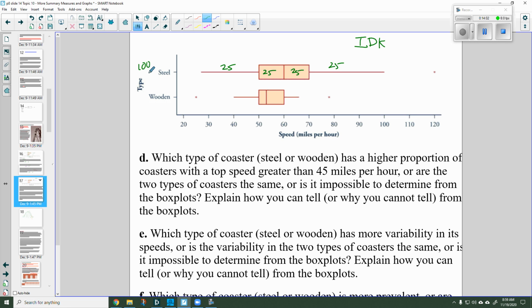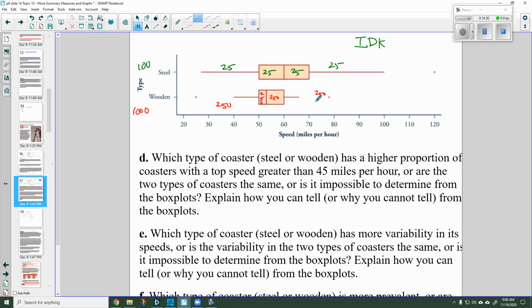If there were, let's say, 1,000 wooden roller coasters, well, all I would know is there's 250 that fall between, I don't know, 22 and 50. There's 250 that fall between 50 and 52-ish. There's 250 that fall between 52 and 60, and there's 250 that fall between 60 and 80.